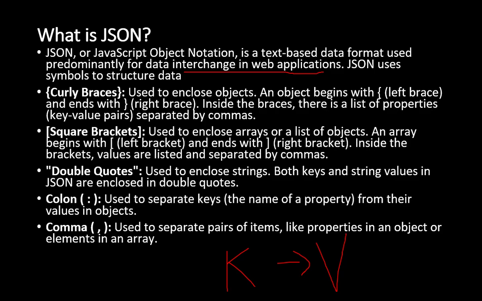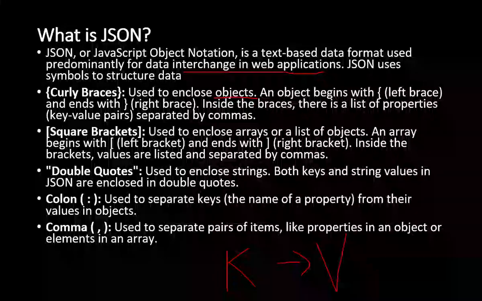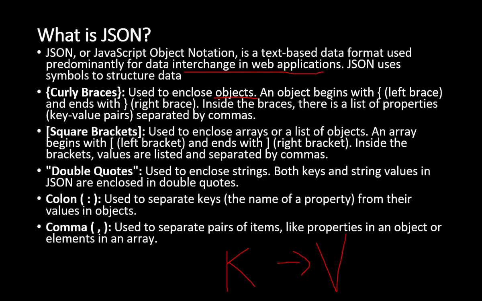So JSON uses some notations like curly braces and square brackets. Curly braces are used to denote objects. An object begins with a left brace and ends with a right brace.